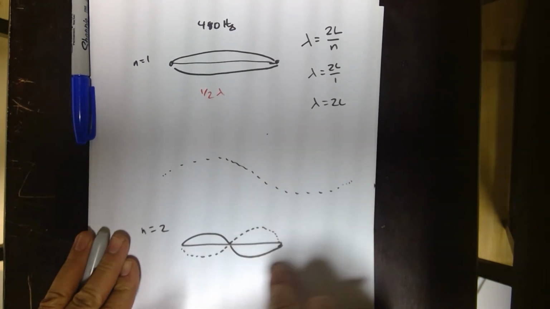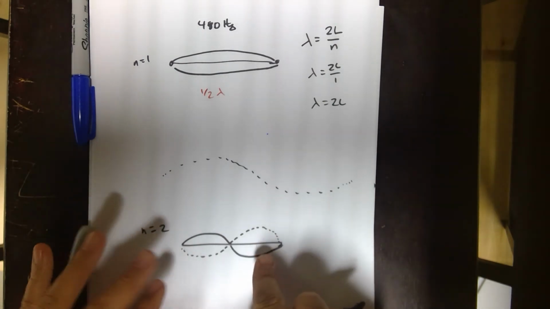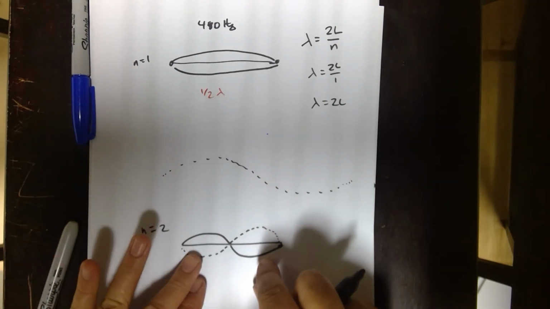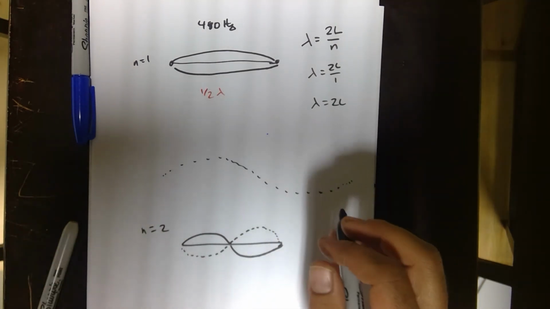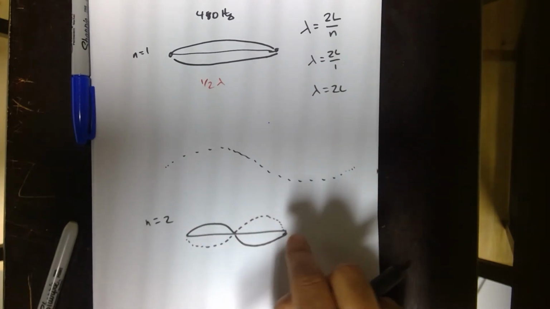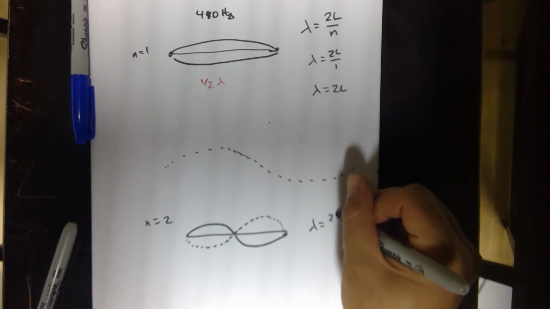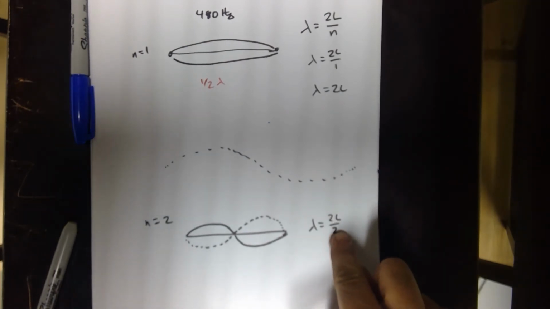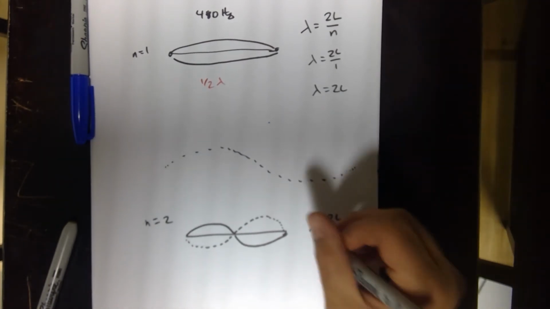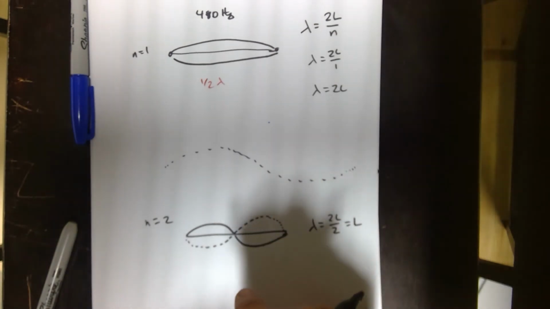So it oscillates between these two maximums and minimums, and you would have basically two loops. It'd be a very blurry view, and this does display one full wavelength here. And likewise, if you do lambda, you get 2L over 2 here, harmonic number's 2. The wavelength is actually equal to the length of the string in this one.